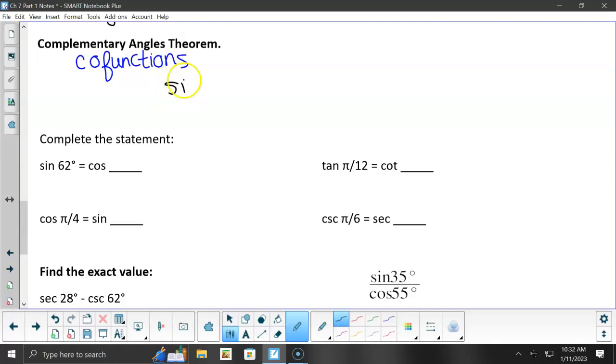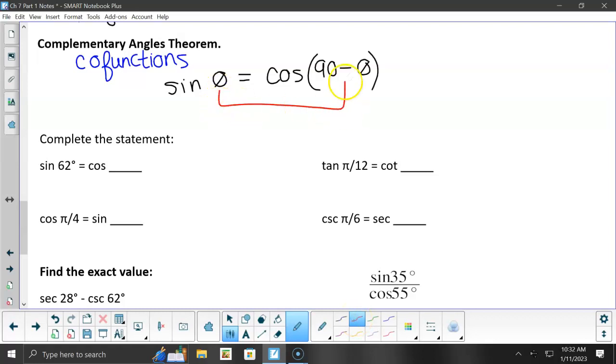All it says is that if you have sine, it's going to equal the cosine of 90 minus theta. Okay? So these angles add to 90. All right, but on your purple sheet, you see where it says pi over 2 minus? It's just saying 90 minus.